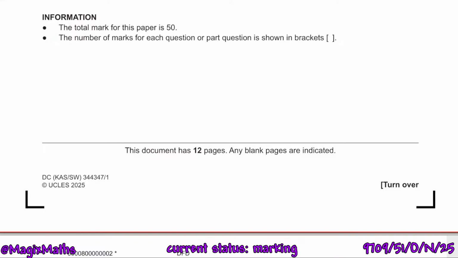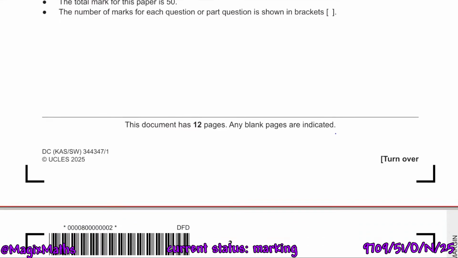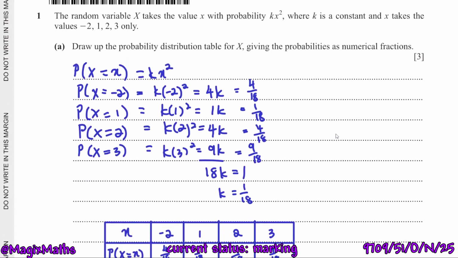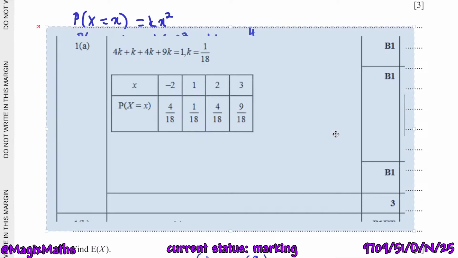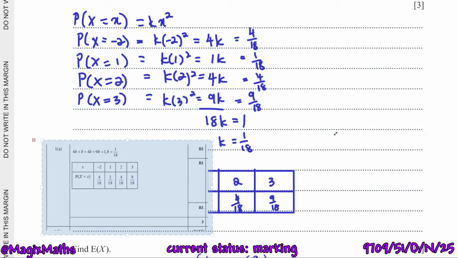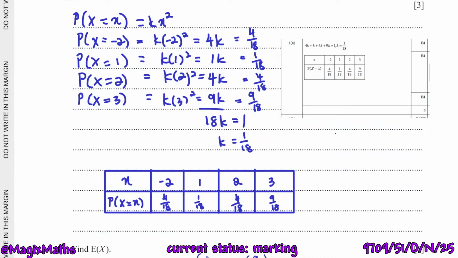Moving on to our first question. So we made this, then we made this successfully.